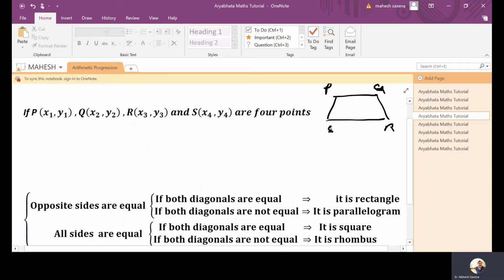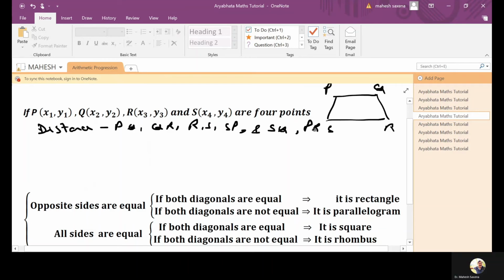To check this, find the distances PQ, QR, RS, SP, and its diagonals SQ and PR.